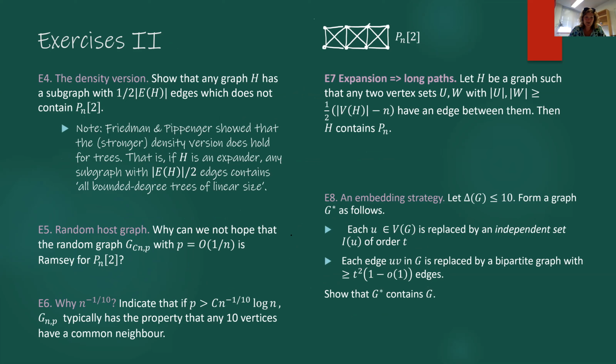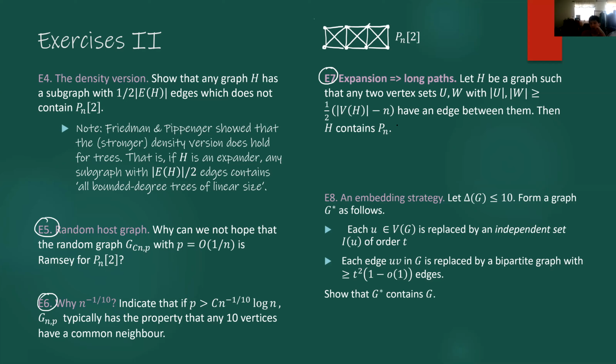I would focus on these two exercises about random graphs, if that's your thing, exploring how much you could possibly get from a random host graph. Or this is a Friedman-Pippinger type result that tells you that if you have a certain weak kind of expansion property, you can embed long paths.